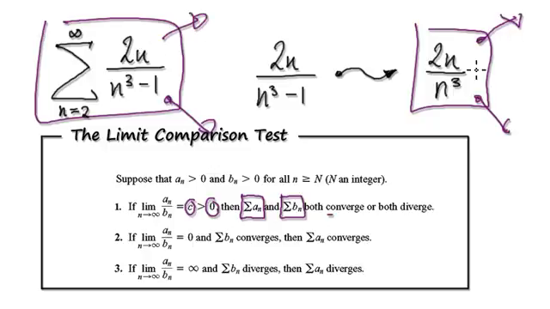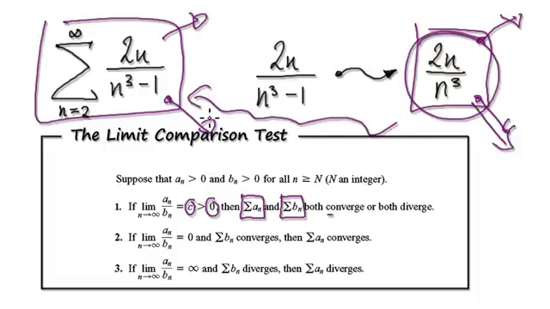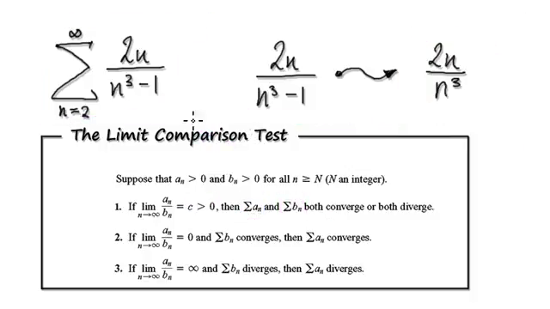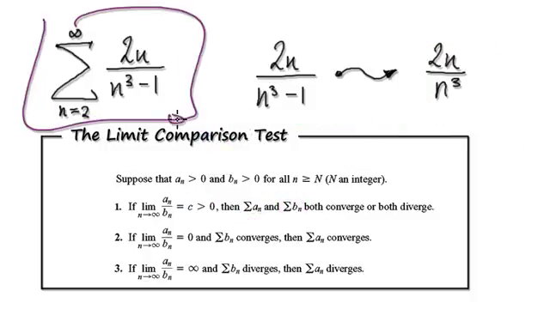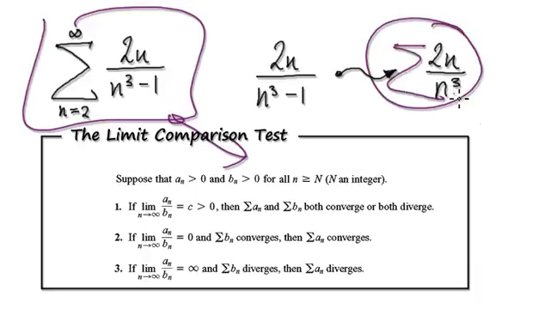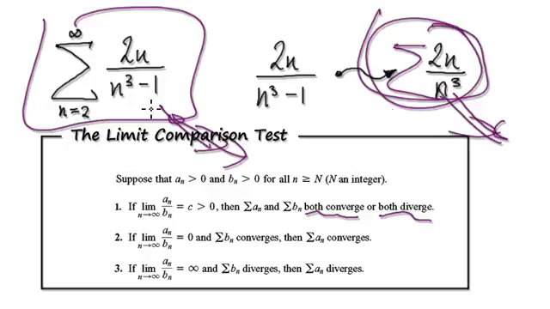Here, the thing we know is going to converge. Therefore, the thing that we know nothing about will also converge. Just because this one converges, this one must converge, because they both have to converge or they both have to diverge.